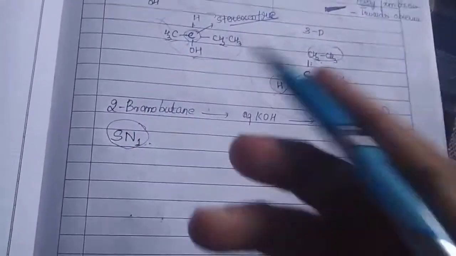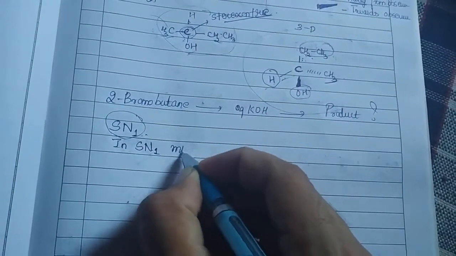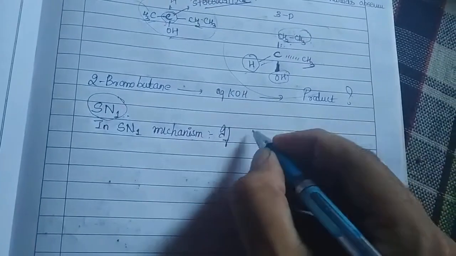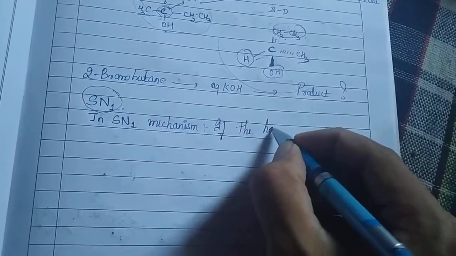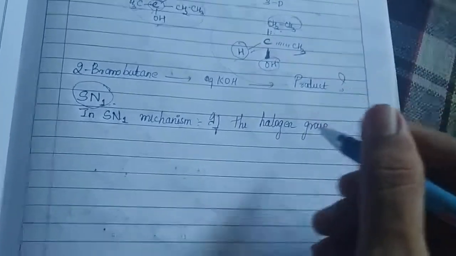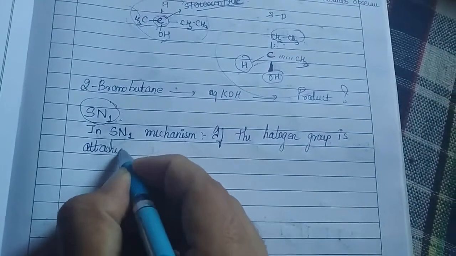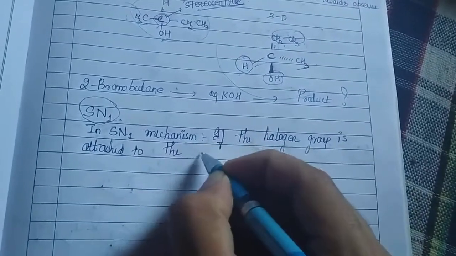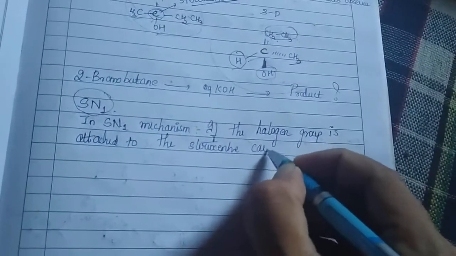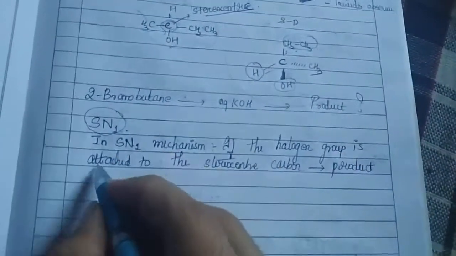So what they are saying, remember, in an SN1 mechanism, if the halogen group is attached to the stereo center carbon, the product will be a racemic mixture.